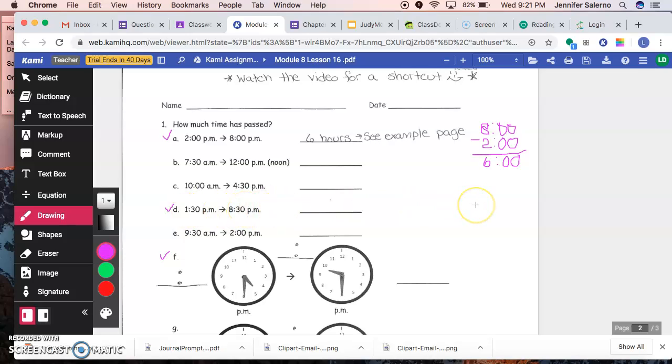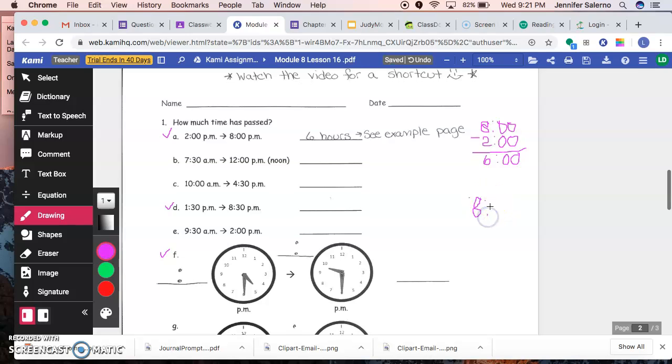So I'm going to come over here, but remember when you're subtracting, you have to put the bigger number on top, okay? So I'm going to put 8:30, and then I'm going to put minus 1:30. Okay.